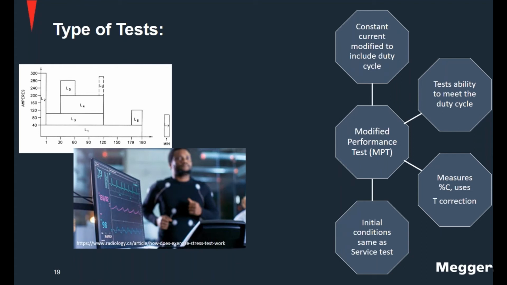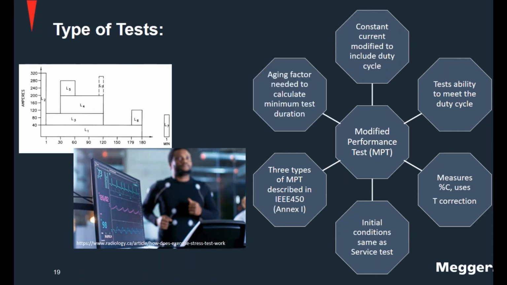And there are actually three different types of modified performance tests. Depending on what you want to achieve, you select one of those types. We're not going into those details. It's probably not a very common test because of the complications that it might represent. One of the differences is that you need an aging factor for the battery.